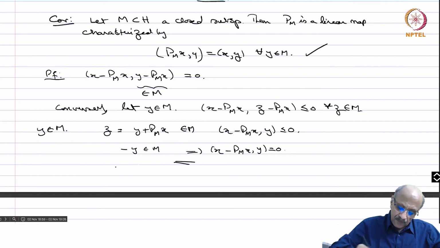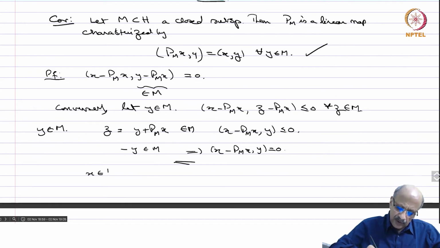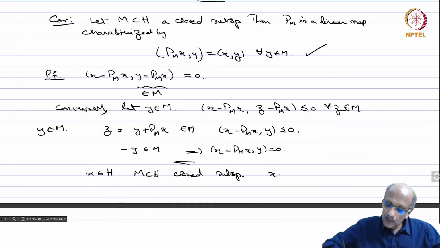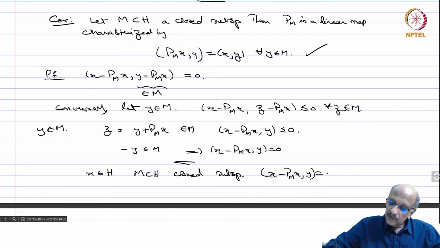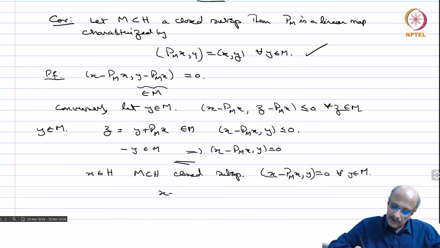Okay, so if x belongs to H and M is a closed subspace, what do you know about x − P_M x? Its inner product with y is 0 for all y in M. Okay, that means x − P_M x is orthogonal to y for all y in M. That means the inner product is 0.